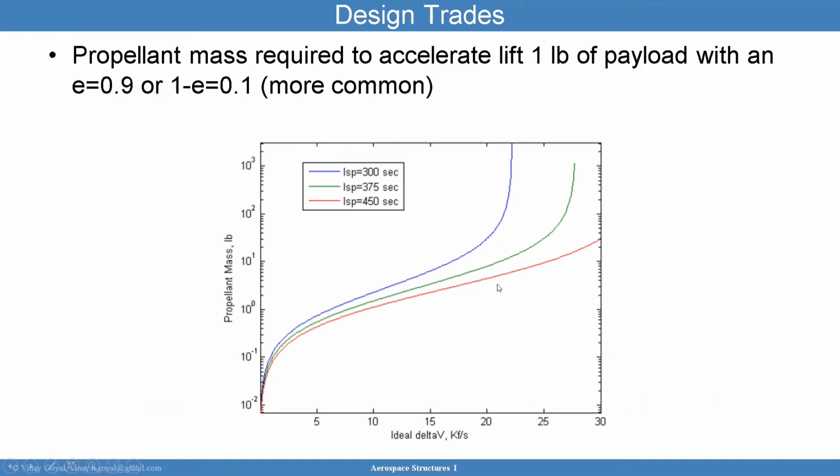And the ISP calculations here show you the impacts on the delta V. So for example, for a given propellant mass ratio, say 10 pounds, I come here, and you can see how at 300 seconds of ISP, I only get 20,000. But if I go to a higher ISP, I can have an even higher delta V.